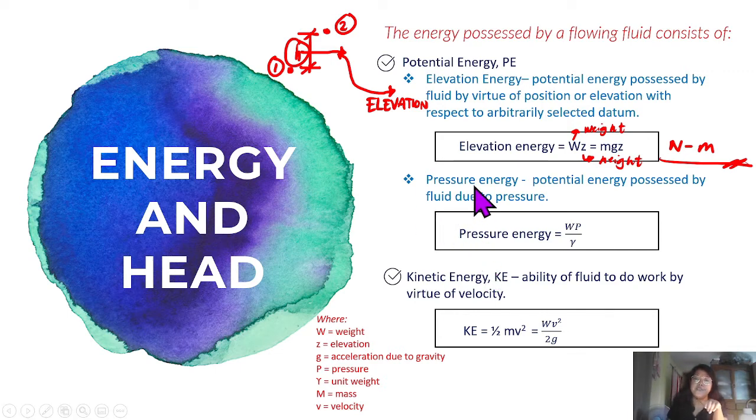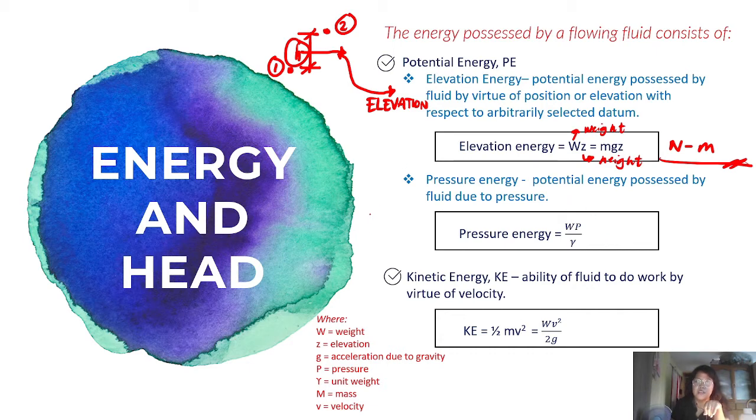Next, the second is pressure energy. Pressure energy is the potential energy possessed by the fluid due to pressure. Since we already had height earlier, now we consider the pressure.